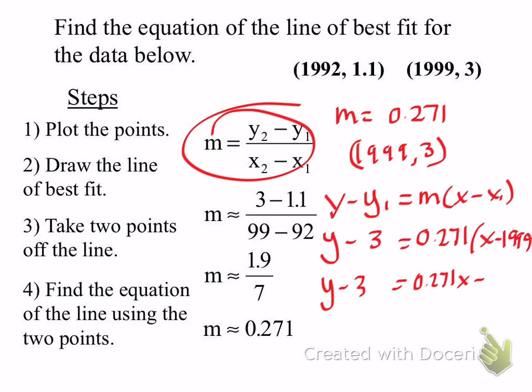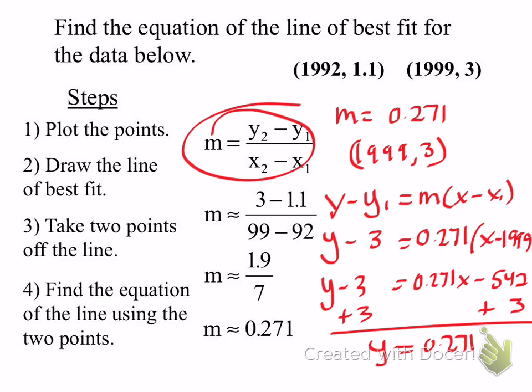And I'm getting about 542. And then I add 3. Y equals 0.271x minus, I'm actually subtracting 542 minus 3 is about 538, 539. Okay. Is this making any sense to you, Colin?